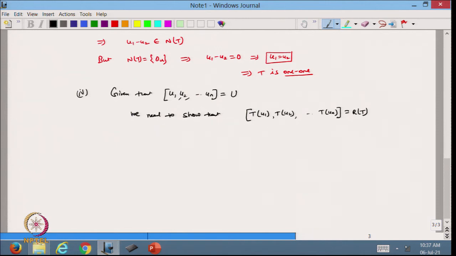Now, from here, I will take one way. One thing is true: since T of U1, T of U2 and T of UN all belong to the range space of T, and R(T) is a subspace of the vector space V, then if these belong to R(T), their linear combination also belongs to R(T).